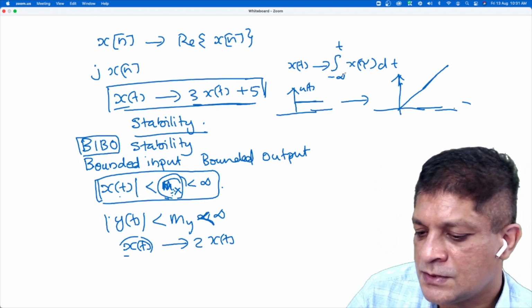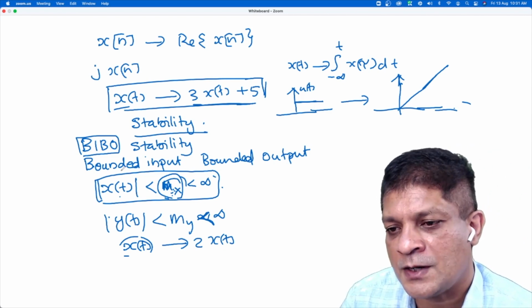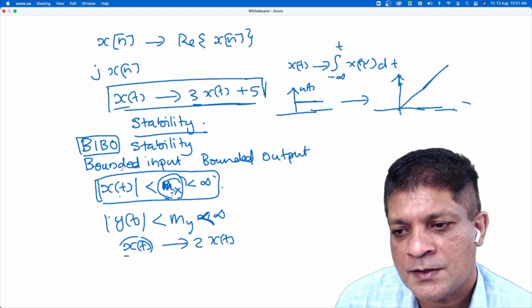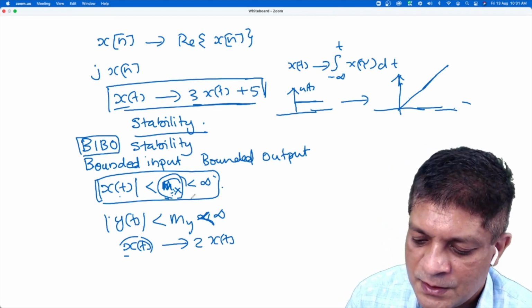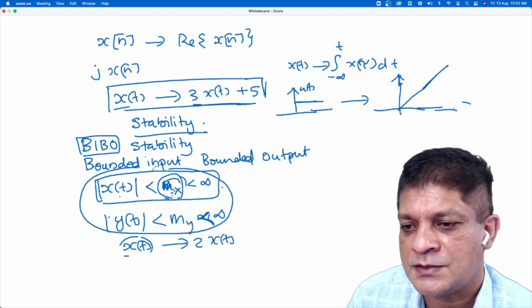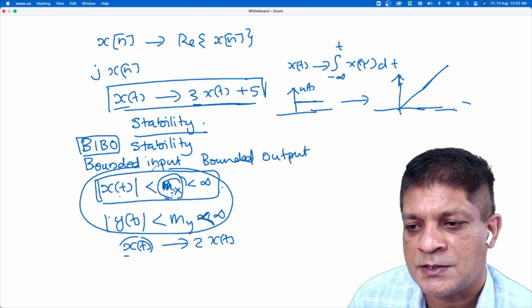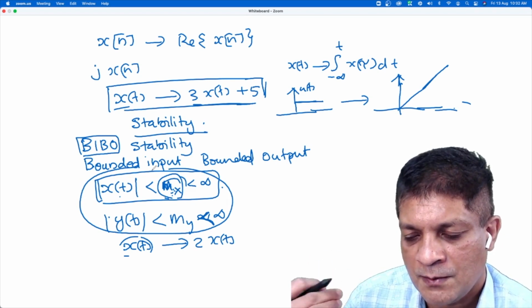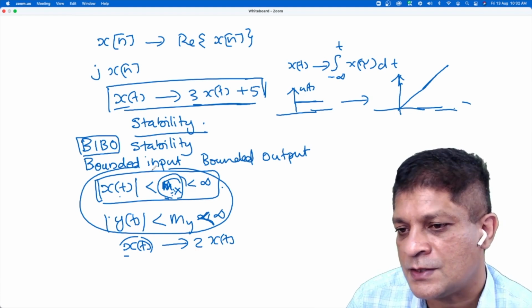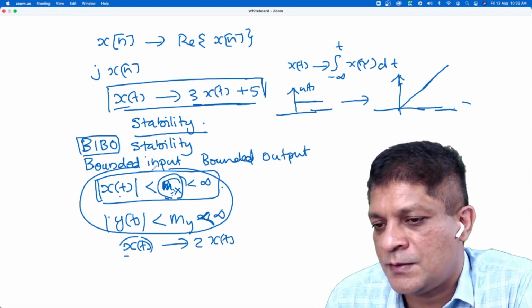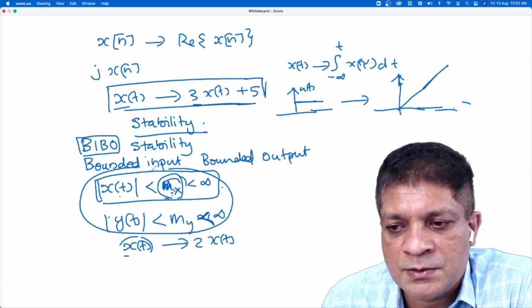If this condition is violated for at least one signal, then the system is unstable. This condition should be satisfied for all the possible signals. That means whenever you give a bounded input, the output should always be bounded. Then only we can say that the system is stable. If it is violated for at least one signal, then it is not a stable system.